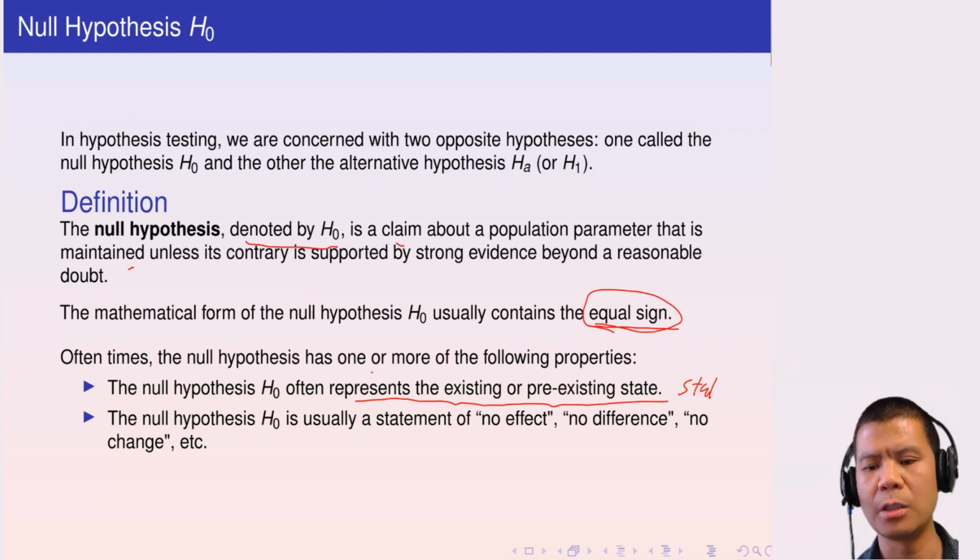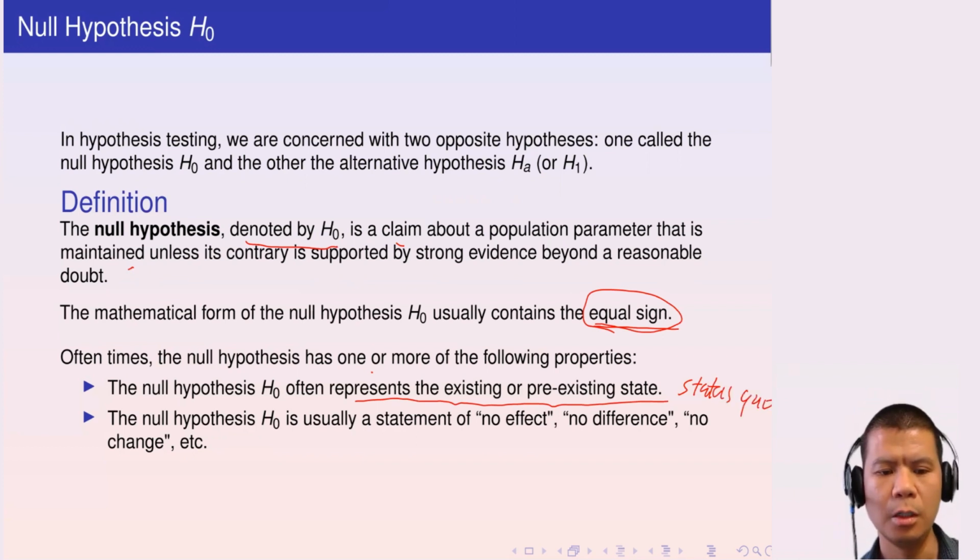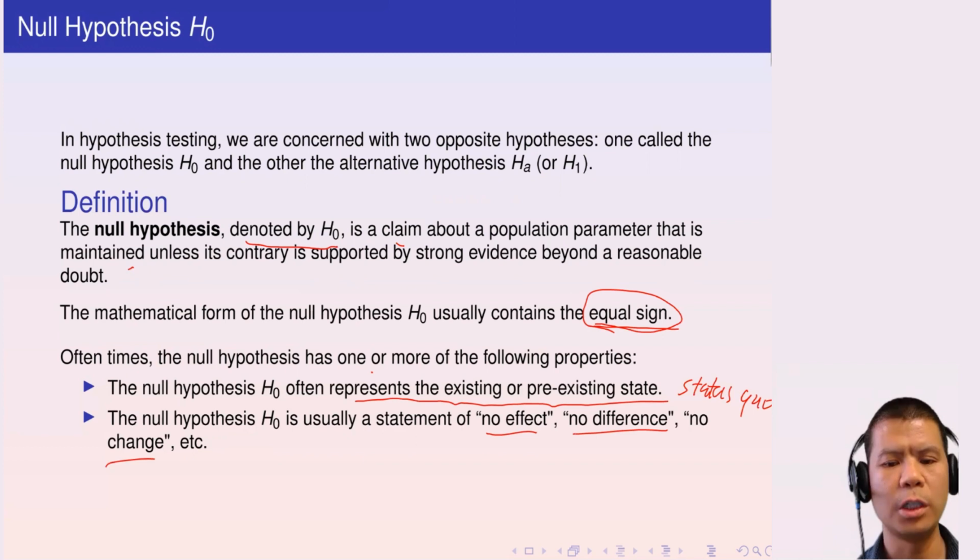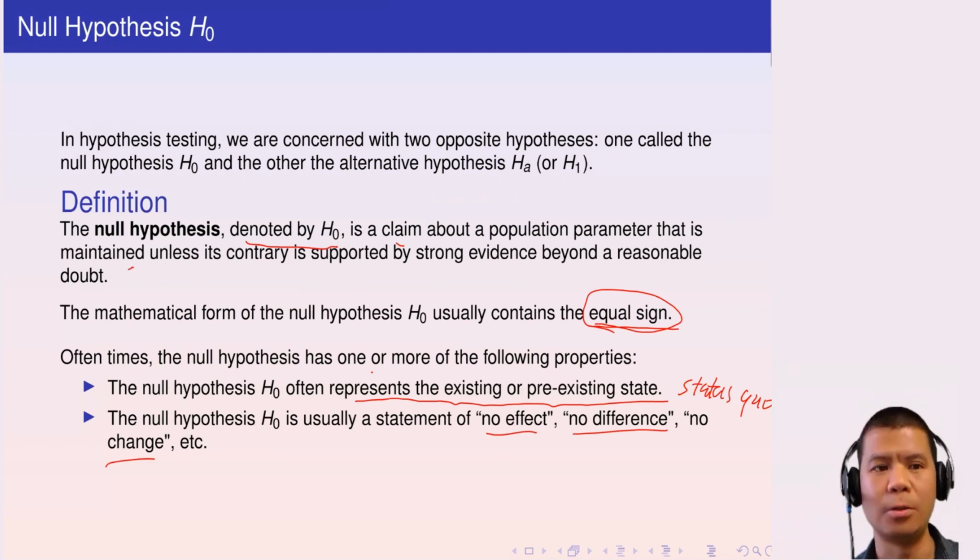The null hypothesis is also usually a statement of no effect, no difference, and no change, because it contains the equal sign. This is usually the form of the null hypothesis.